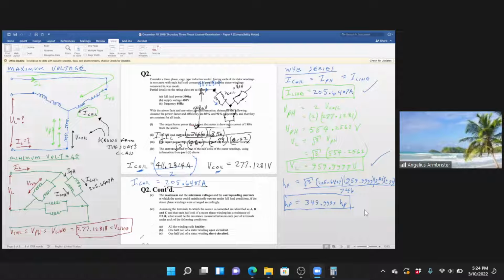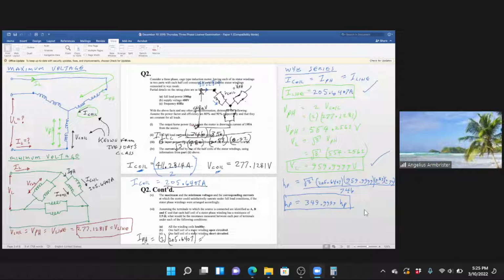So what I got to do first then is I have to say I phase is equal to 2 times 205.6407.